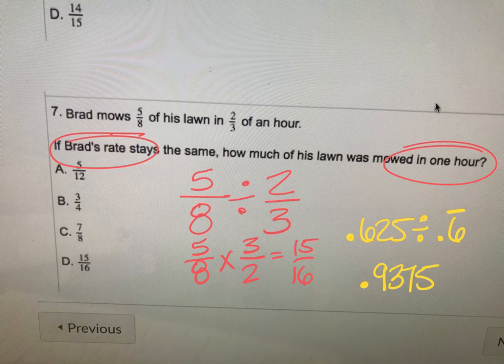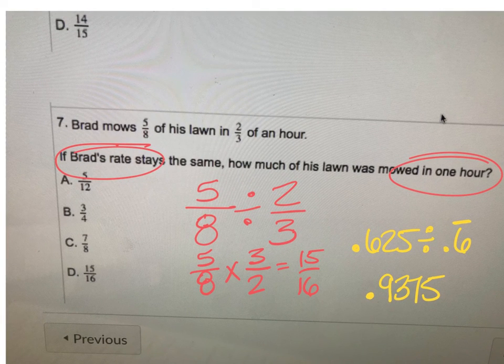All right, Kaylee, do 15 divided by 16 for me and make sure it gives me 0.9375. It does. Okay. So if you did it like Kaysen and changed it to decimals, you would have to double check your answer choices and figure out which one matches. If you do keep, change, flip, then the answer is there. Any questions on these little short unit rate questions? Don't miss them. They're so easy. We're good? Okay.